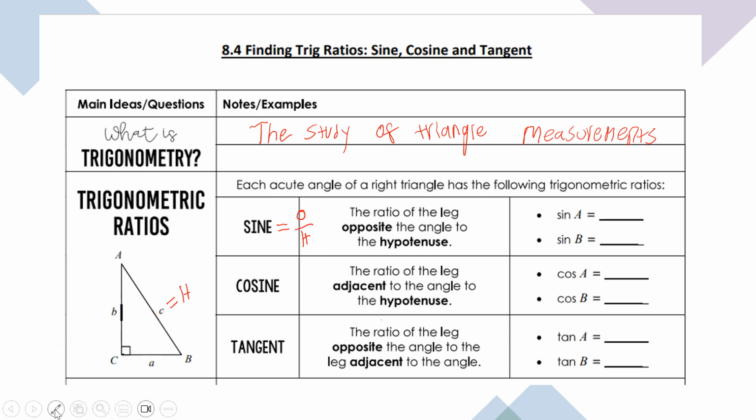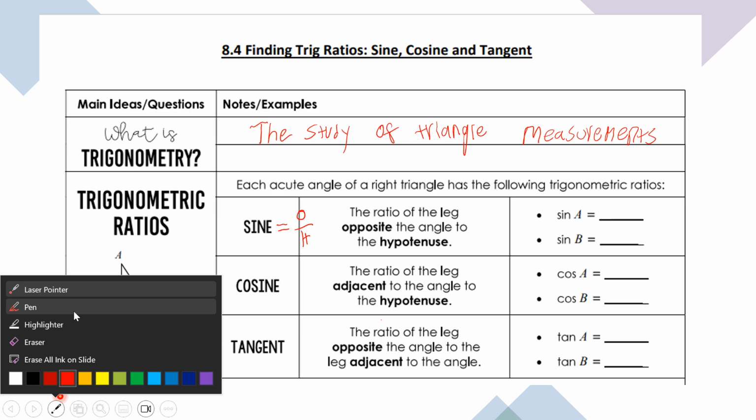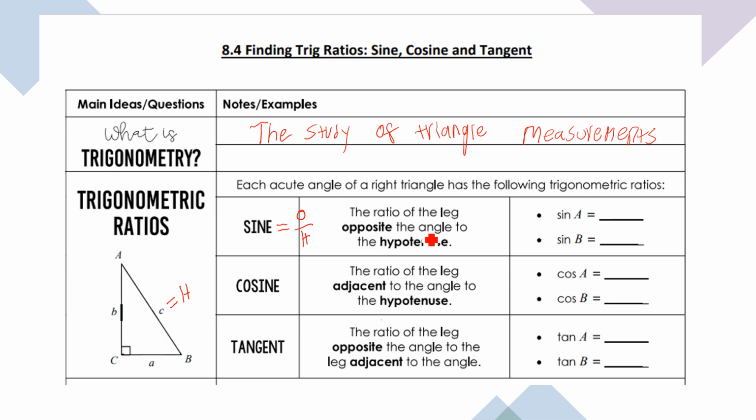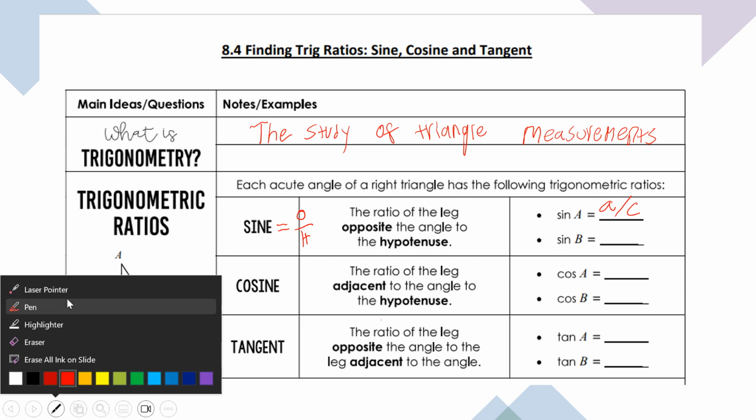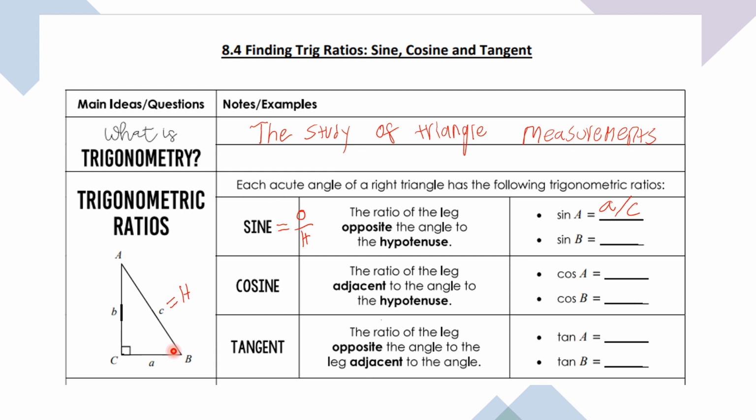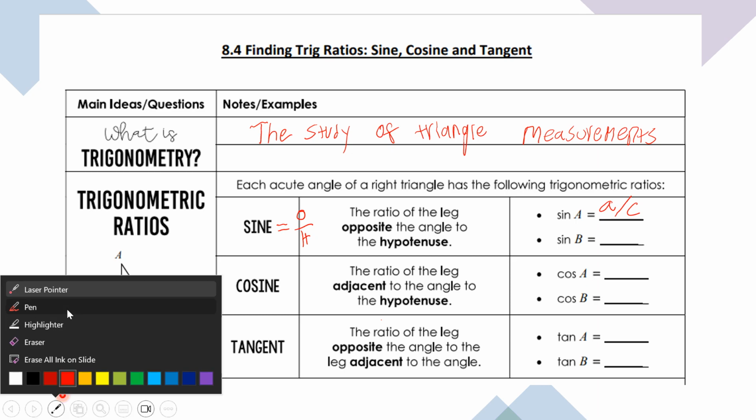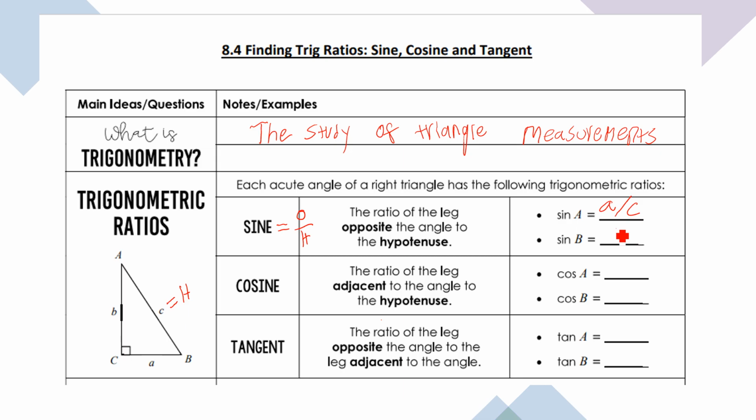That is sine of A. So that's what we'll put: little a over little c. For B, again, sine of B, so opposite over hypotenuse. So opposite of B is little b, and our hypotenuse is still c. So we got b over c.